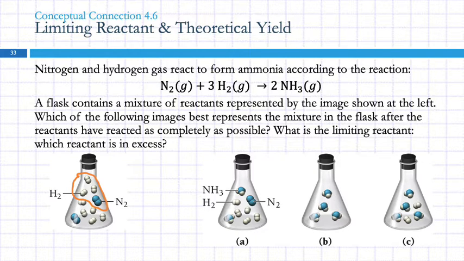Those could combine to make 2 ammonia molecules. And then I've got another nitrogen here, and it could react with 3. And so that's going to make 2 ammonias. And this one's going to make 2 ammonias.